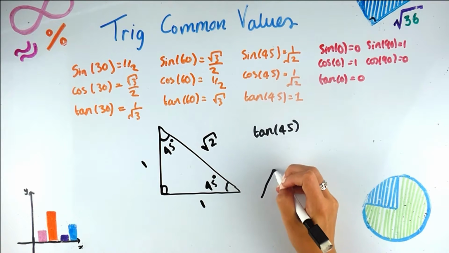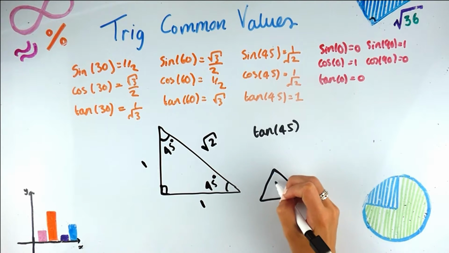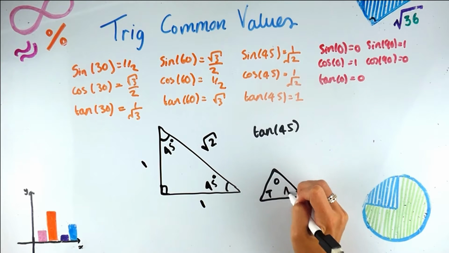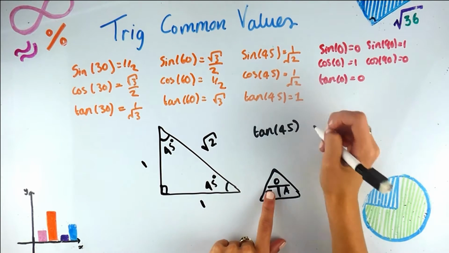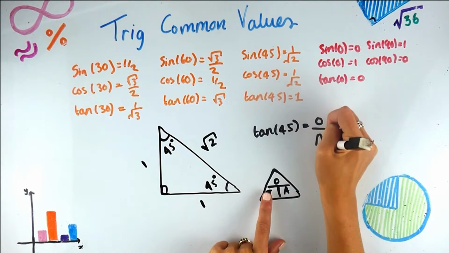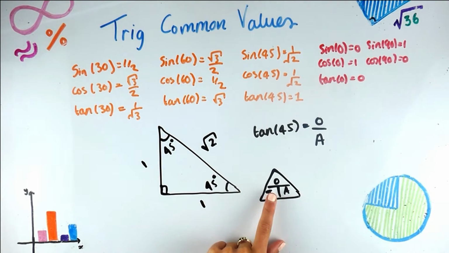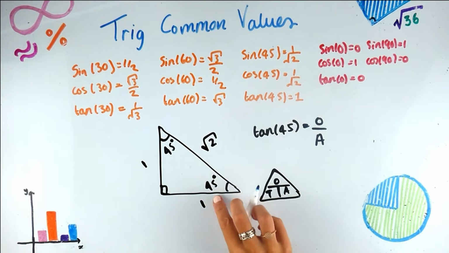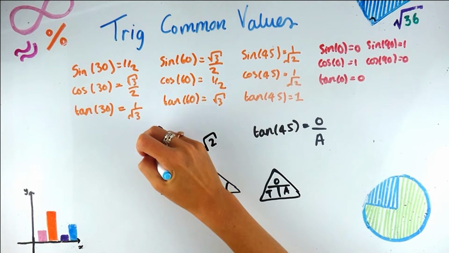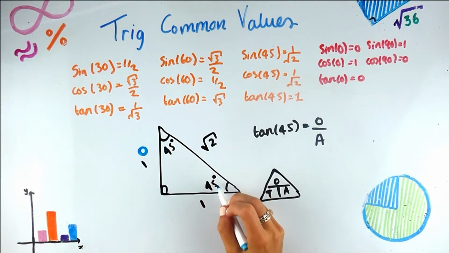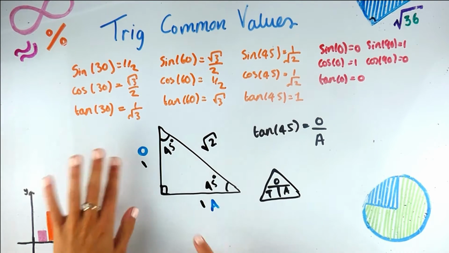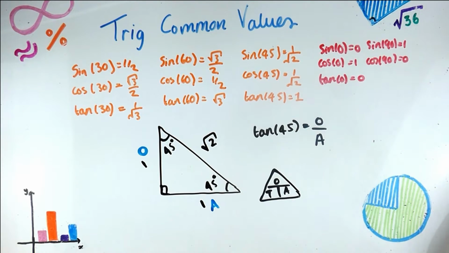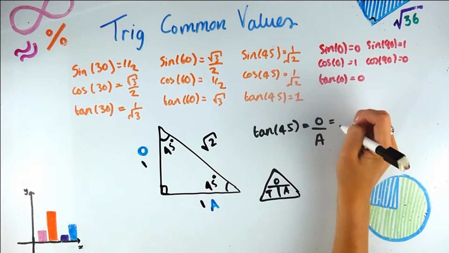I know that is TOA from SOHCAHTOA, so there's my formula triangle. I'm looking for tan, so I cover it up: opposite over adjacent. If I label this, the opposite would be here, and the adjacent is the one next to it, not the longest one. Again, if I took this other angle, the opposite would be that and that would be the adjacent, but they're the same, so pick either 45. That won't matter, the maths works, don't worry.